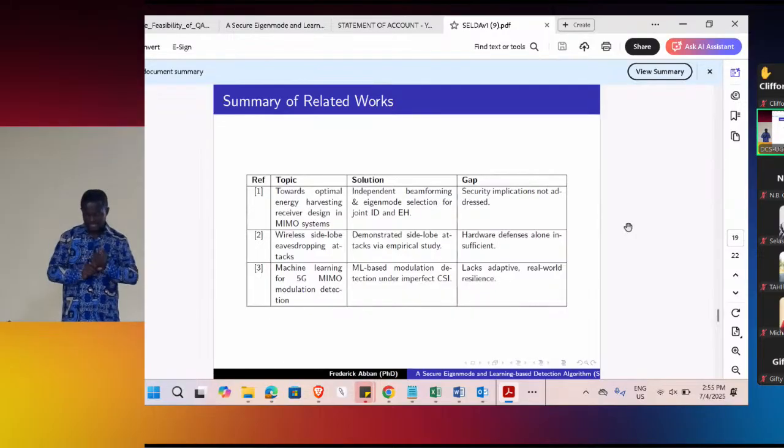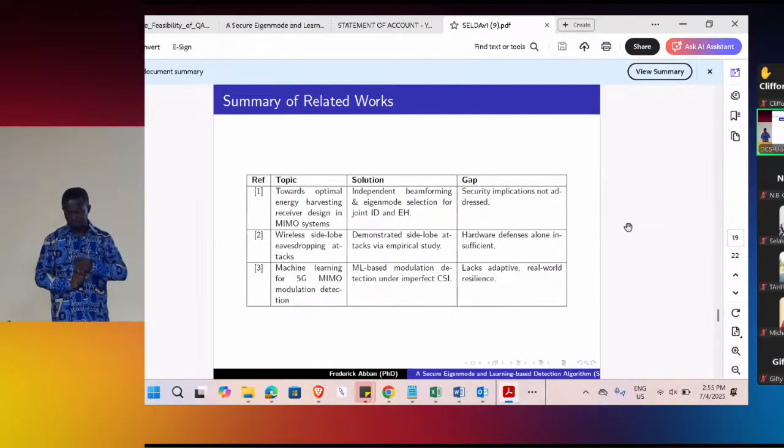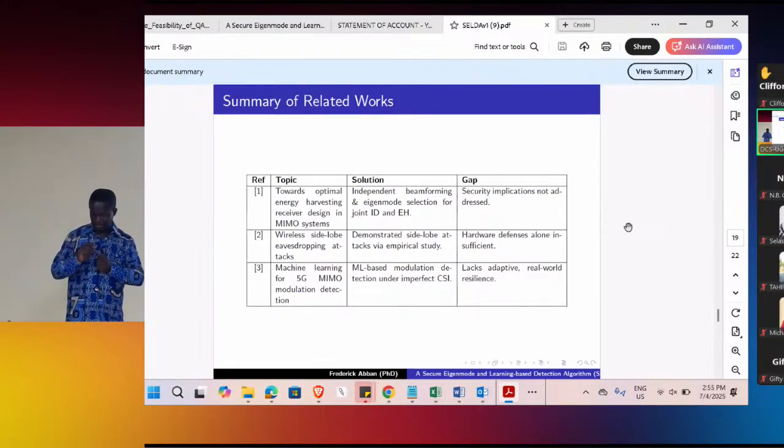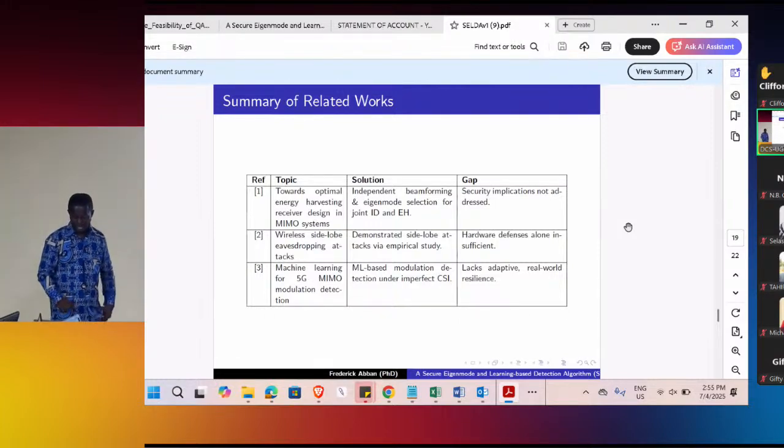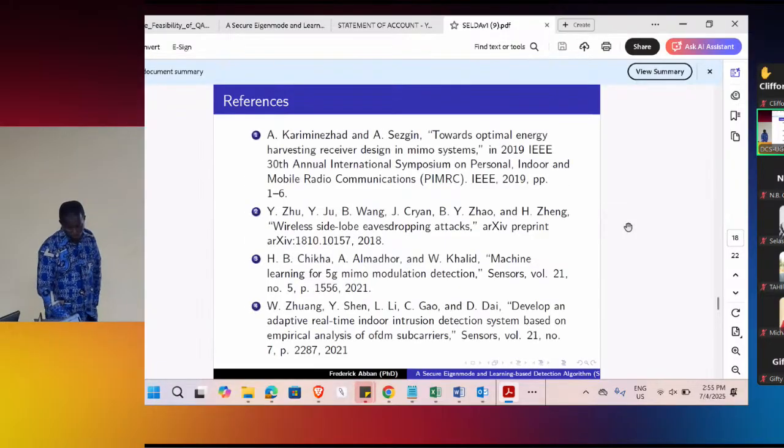They did independent beamforming and eigenmode selection for intrusion detection and energy harvesting. However, their paper lacked security implications, and that was the part they did not concentrate on. They did not look at the secrecy rate of the transmitted signal.